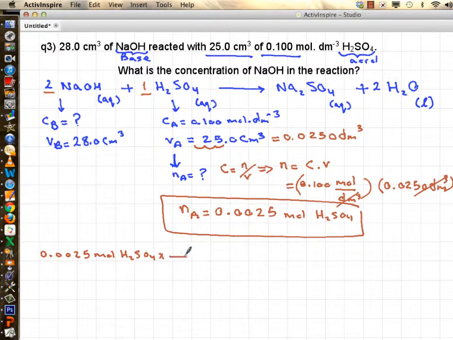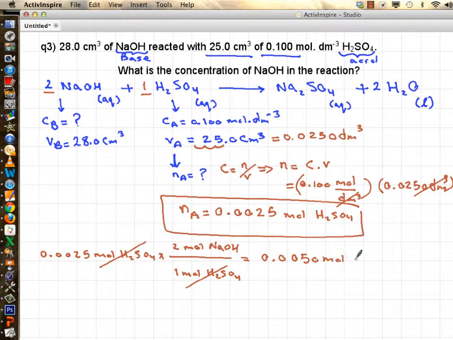Just like in other stoichiometry videos, there is 1 mole of H2SO4 for every 2 moles of NaOH. You could have done it without this step in your head or just on paper, easier. So then you get twice as much, which is 0.0050 moles of NaOH.